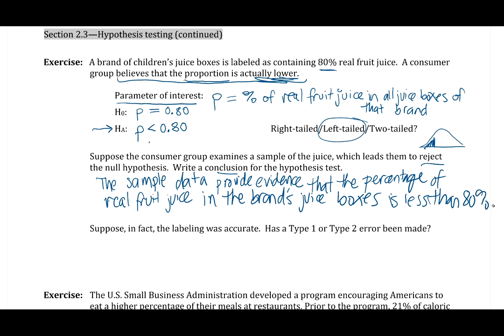So we found support for the alternate hypothesis. In this case, that hypothesis was that the proportion of real fruit juice is less than 80%.